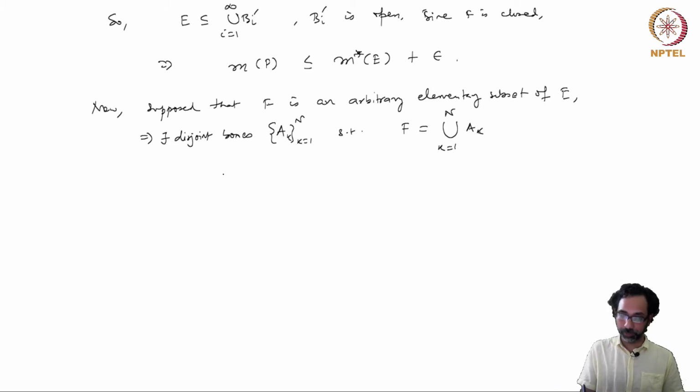So our m(F) is equal to the sum of these measures m(Ak), k equal to 1 to N.